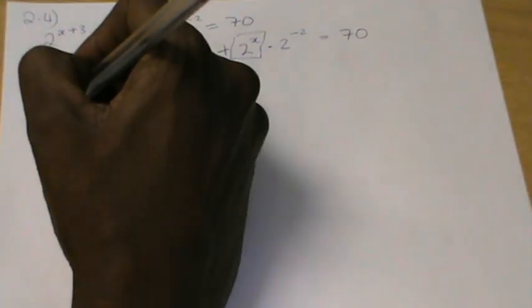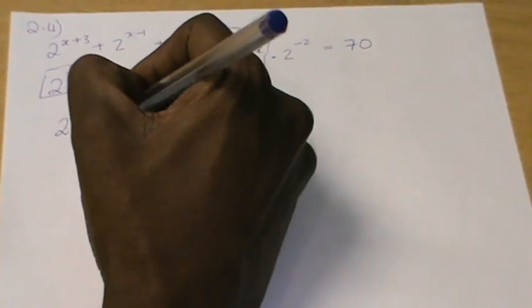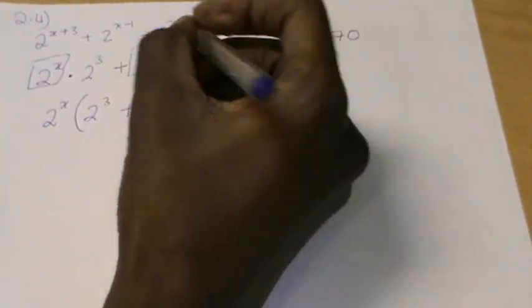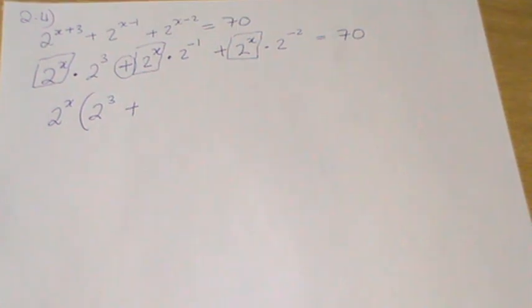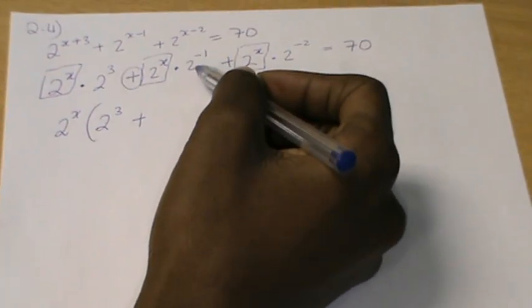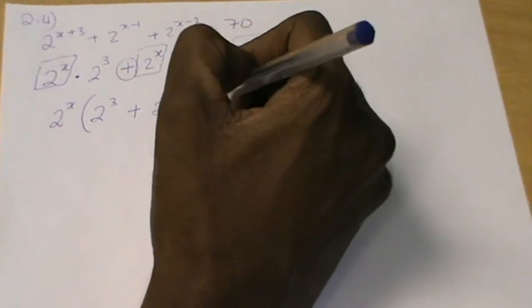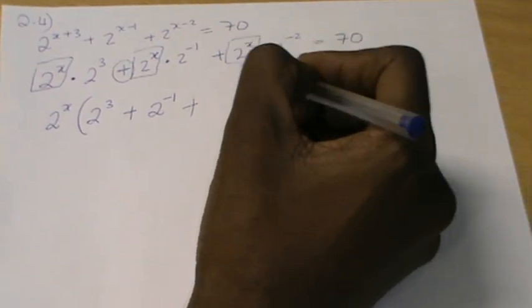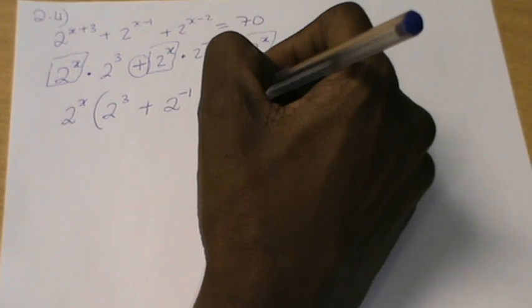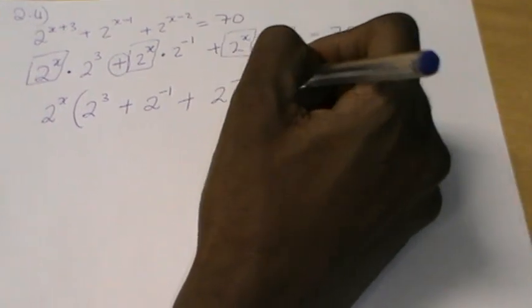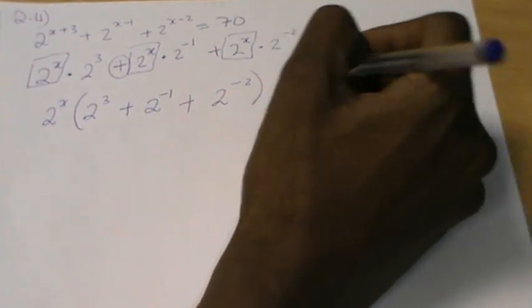So I'll factorize out 2 to the power of x. What do I have left? 2 to the power of 3. And then plus, because this is a plus over there, what do I have left from that term? I have 2 to the power of minus 1. And then the third term, if I remove 2 to the power of x, what do I have left? 2 to the power of minus 2. And then this is equal to 70.